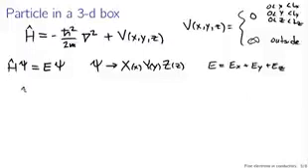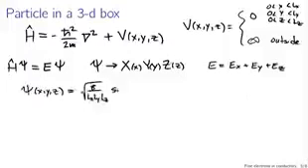The wave functions that you get, psi of x, y, and z, are products, then, of 3 one-dimensional particles in a box. The normalization you get is 8 divided by Lx, Ly, Lz in a square root sign, and then you have your sine functions, as usual for the 1D particle in a box.